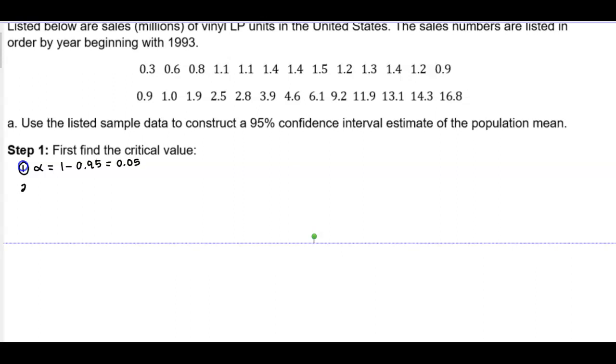Then number 2, we're going to take that alpha and divide it by 2, and dividing 0.05 by 2 gives us 0.025.